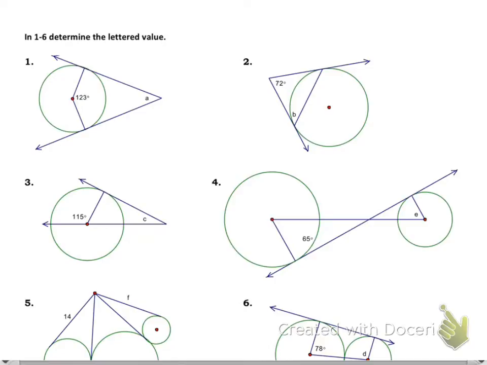I also want to look at number 4 really quick. The big thing about number 4 is we have to recognize that that's a right angle. And the one above E is a right angle because they're tangent and they connect to the circle. If both of those are right angles, what does that mean about this line and this line?